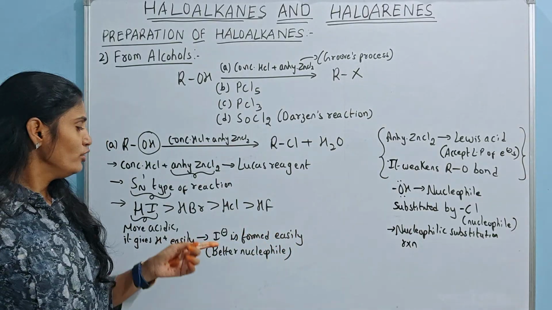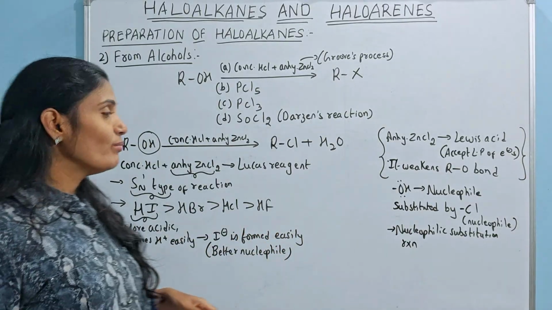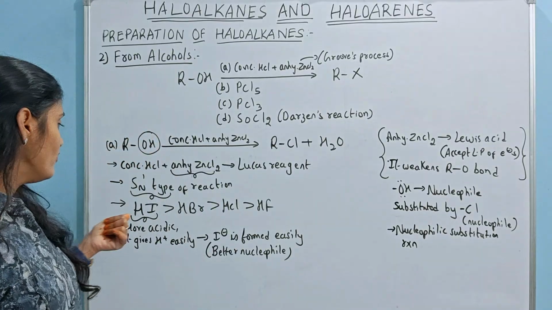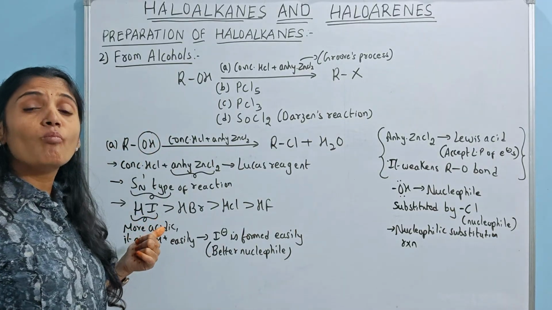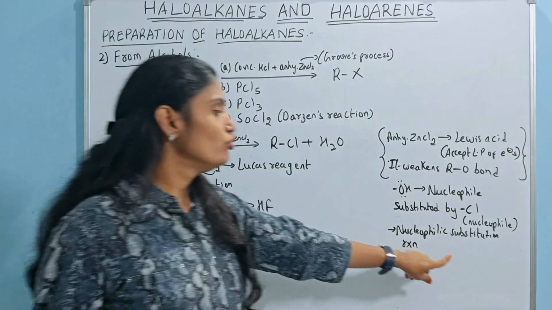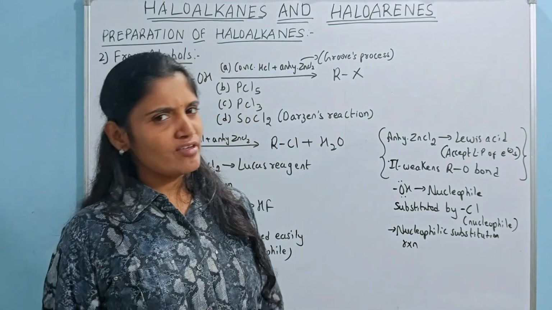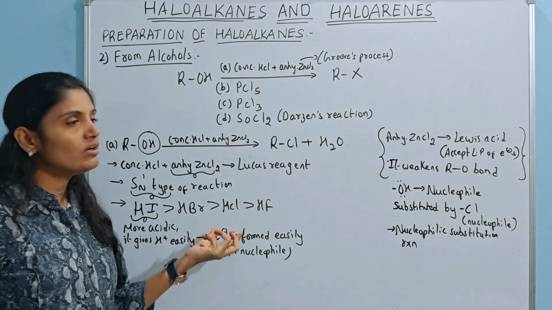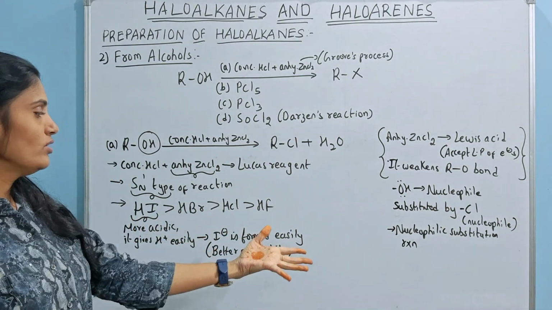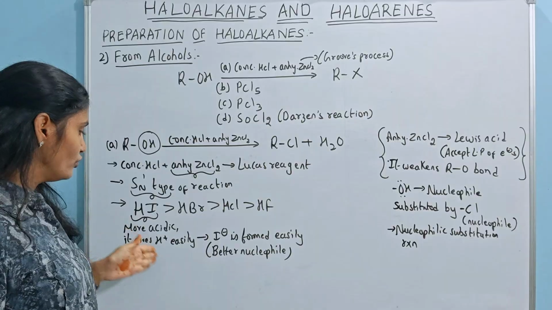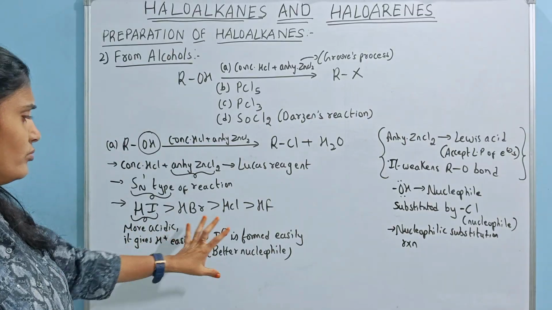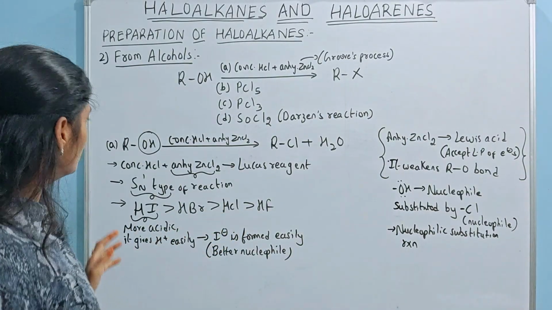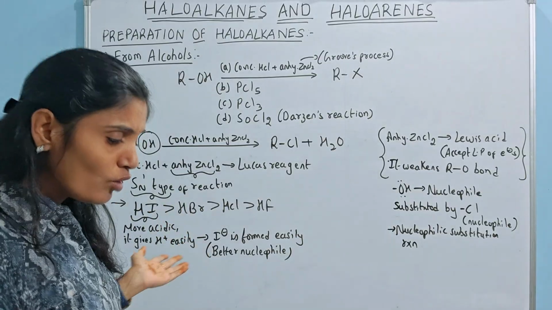As I minus is a better nucleophile, HI will show a higher rate of reaction towards nucleophilic substitution reactions. This we'll see in detail further, but for now, if you get any question about the reactivity of hydrogen halides towards the nucleophilic substitution reaction, this much you need to know and remember. So till now, what did I tell you?